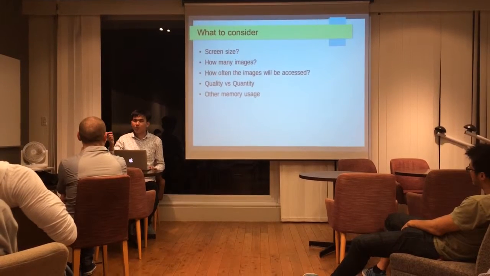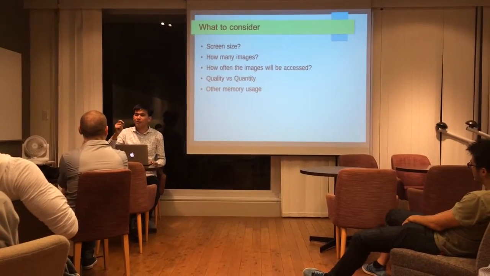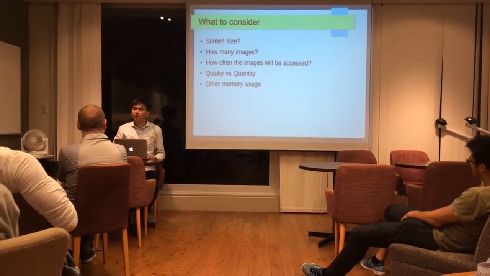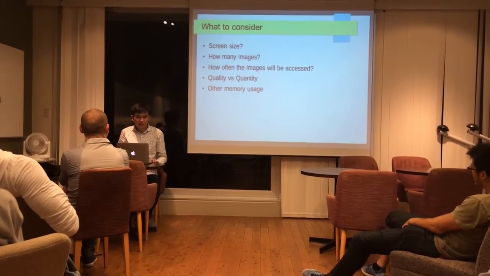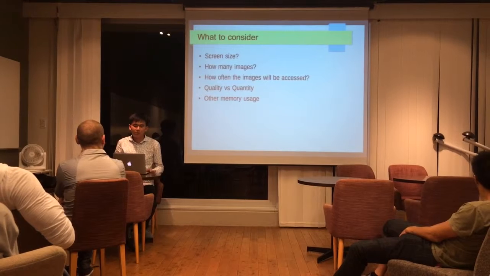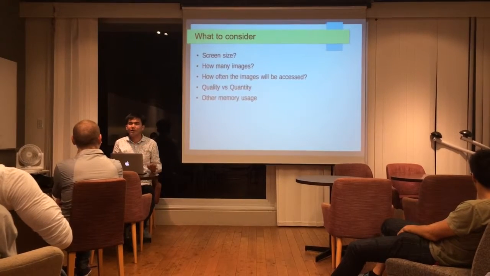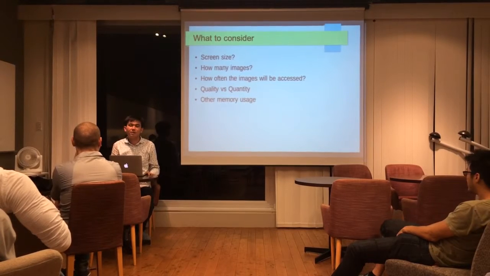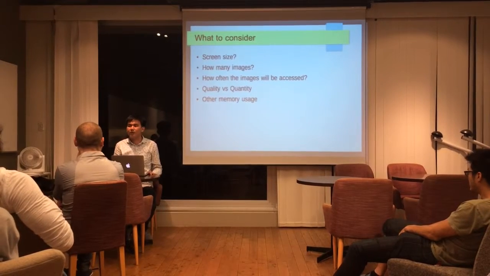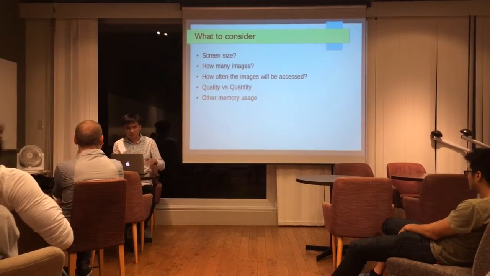And about the quantity, I think the user will expect the small image to load faster. And then other memory usage. The memory usage is not only for images, right? There are many other usages like sounds, video or something we need to consider.